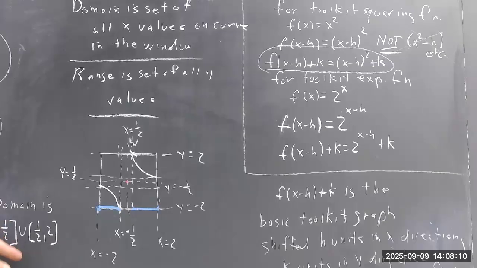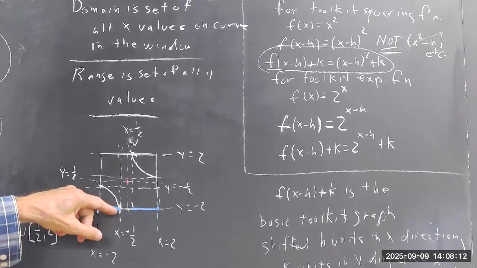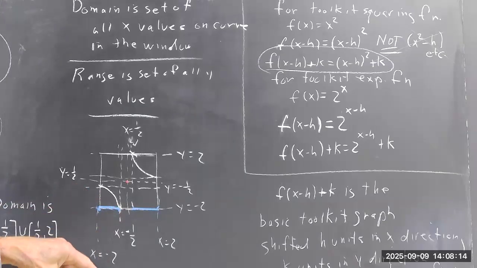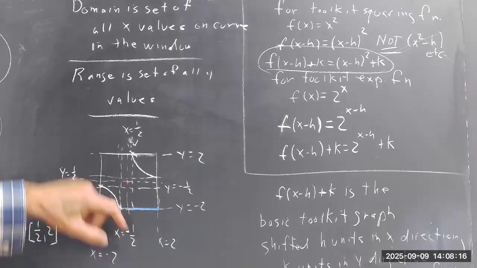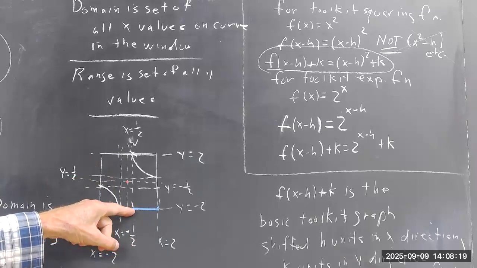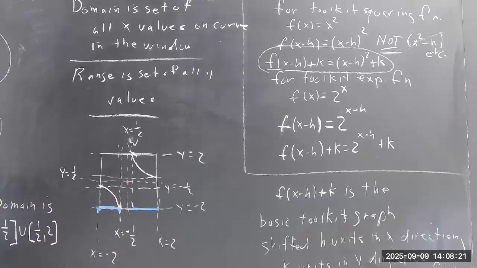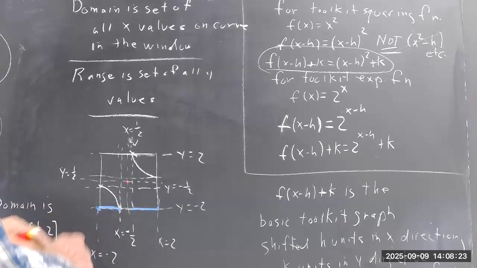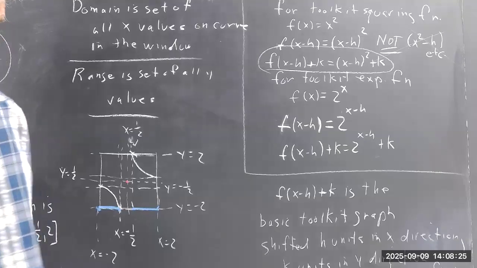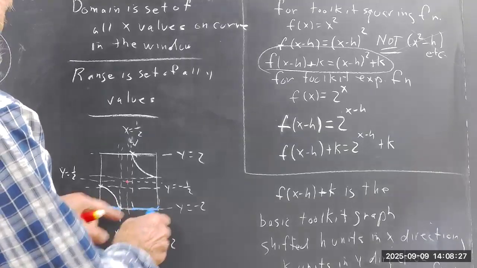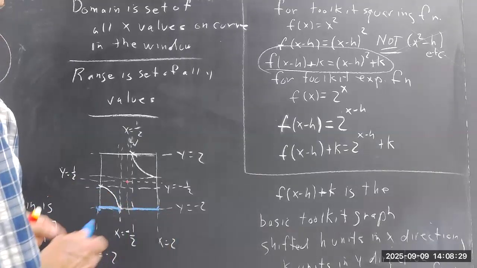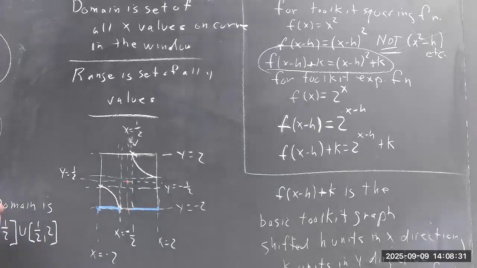So for that graph, the domain is what? It's in blue. All the x values from -2 to -1/2, and all the x values from 1/2 to 2. So this is the interval -2, -1/2. This is the interval 1/2, 2. And that's how we write it.